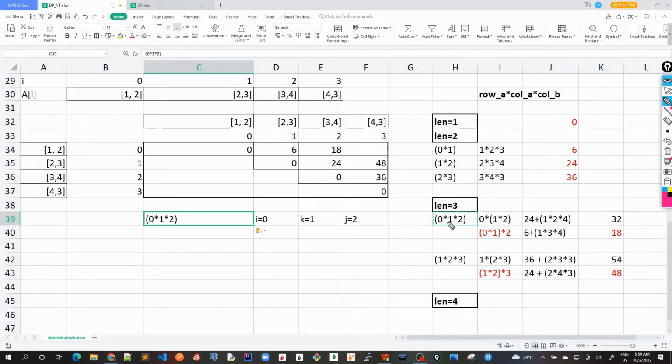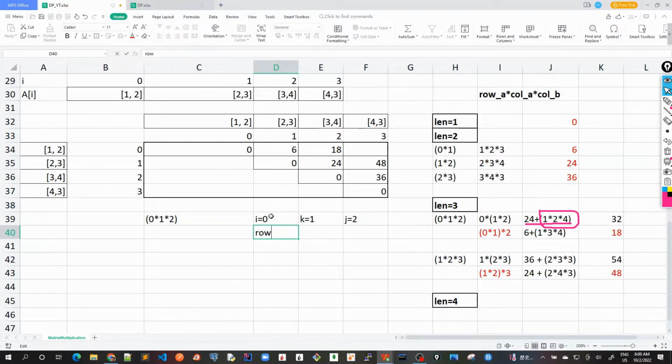So taking this example for 0, 1, and 2, we have seen that if I take i equal to 0, this one, and k equal to 1, and then j equal to 2, and then we keep on moving through it. So this formula, right, 24 plus 1 into 4, for this part, only 1 multiplied by 2 multiplied by 4, can be written the same as this formula here.